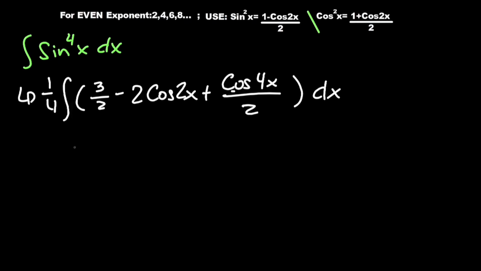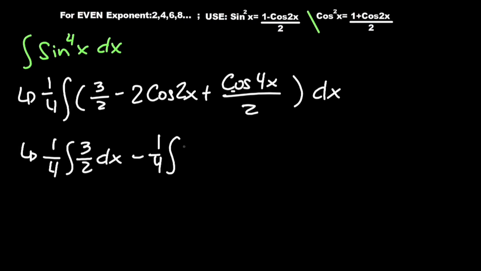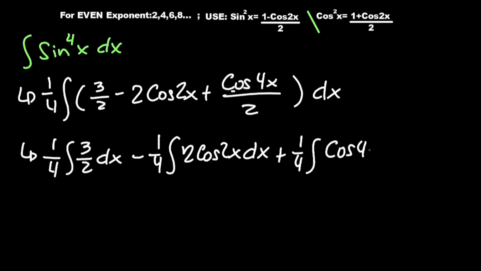Now, we can split this integral apart first for simplification. So this would be 1/4 the integral of 3/2 of dx minus 1/4 the integral of 2 cosine of 2x dx plus 1/4 integral of cosine of 4x over 2.